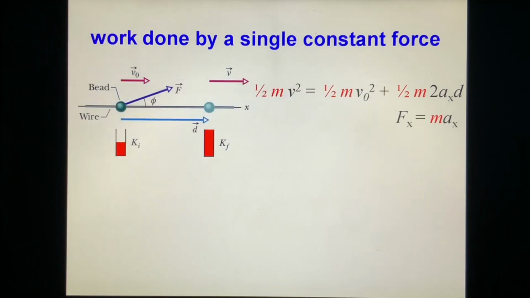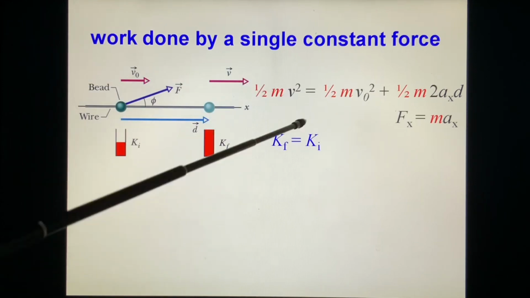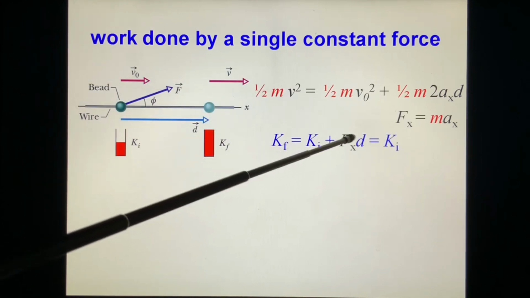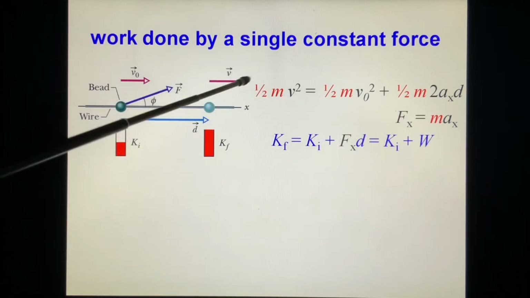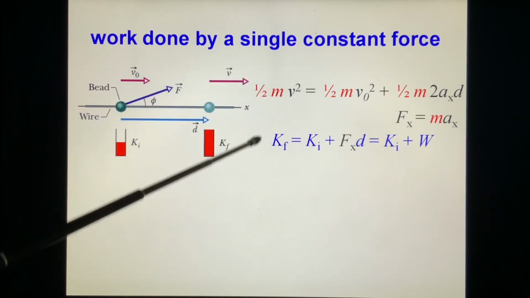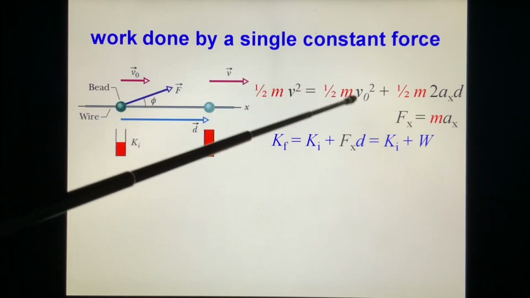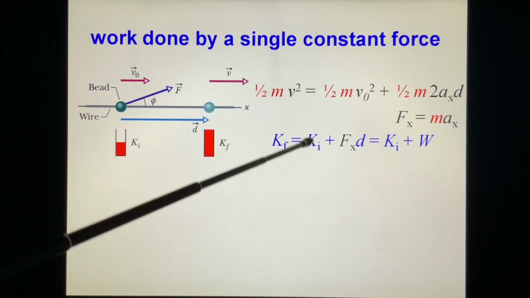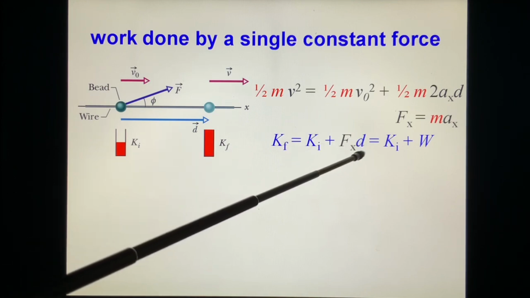We rewrite this equation as K final minus K initial equals Fx d. Half m v squared is the kinetic energy at the final state. Half m v squared is the initial kinetic energy, and this is the work done by the force.